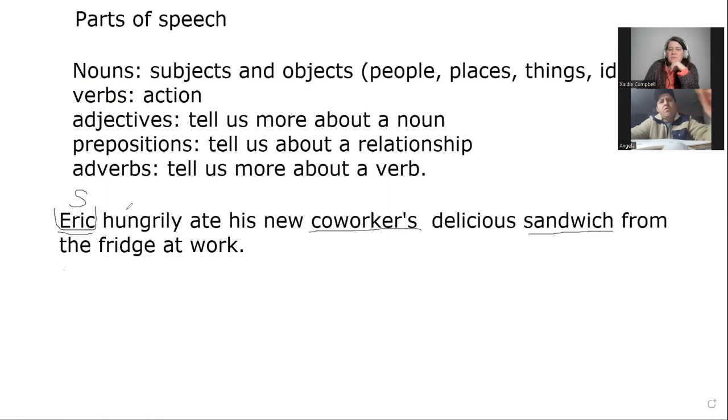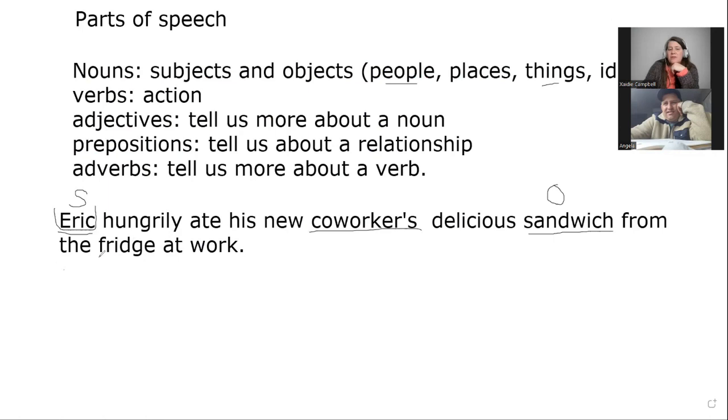Actually, this is the object, and this is the object. Subjects and objects are nouns. We have a person, Eric. We have the sandwich, that's a thing, right?